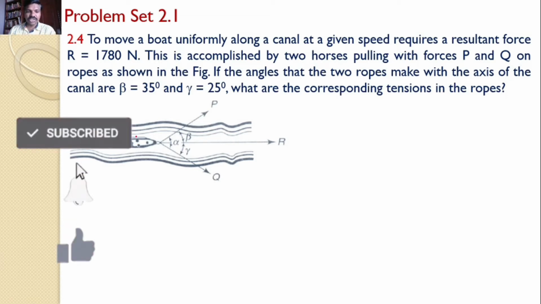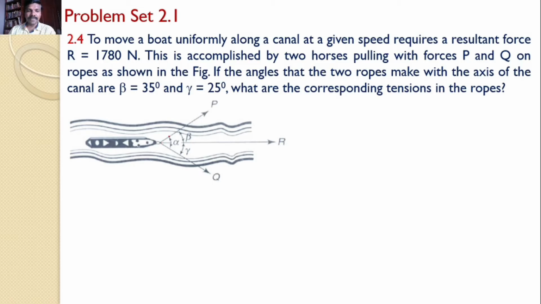To achieve this, there are two horses pulling the boat in the direction of P and in the direction of Q. It is also given that the angle between the force P and the resultant force R is beta, and that beta is equal to 35 degrees. The angle between force Q and the resultant force R is gamma, and that gamma is equal to 25 degrees.